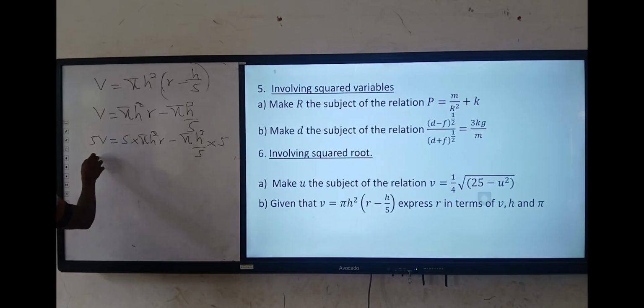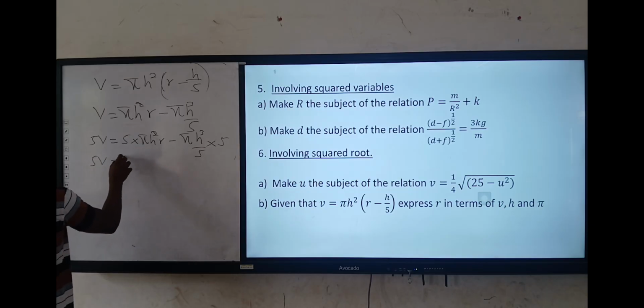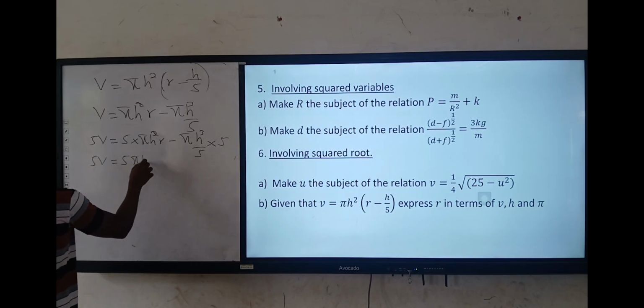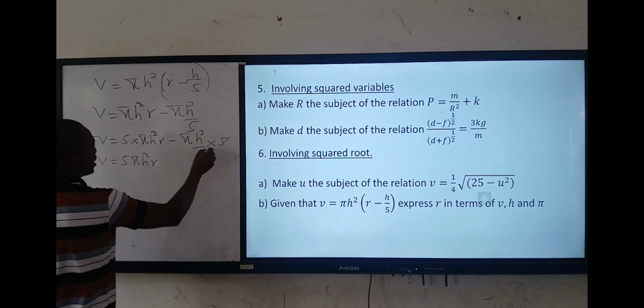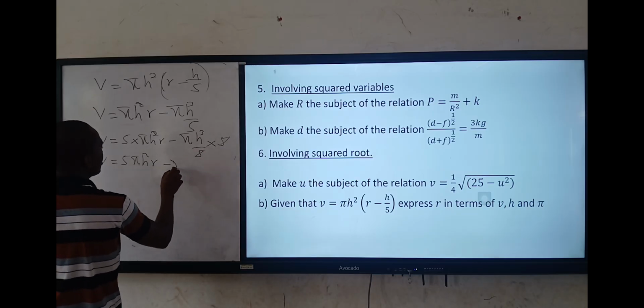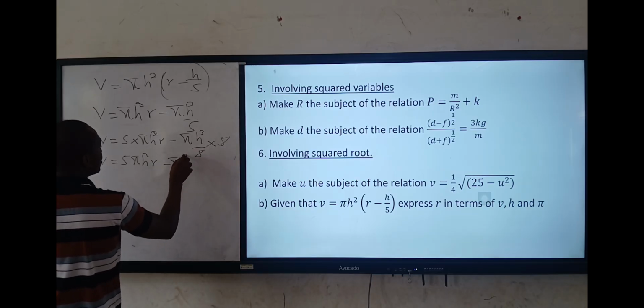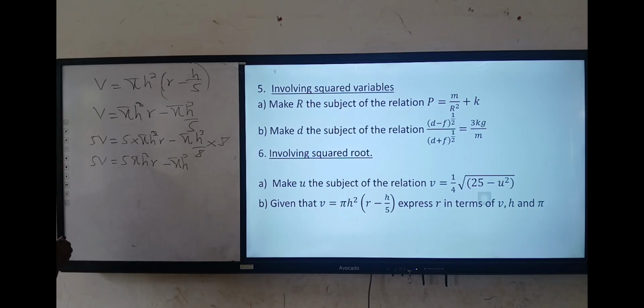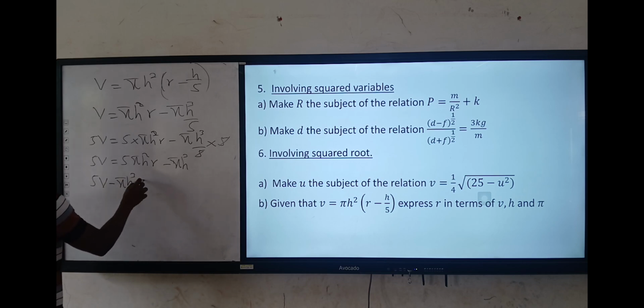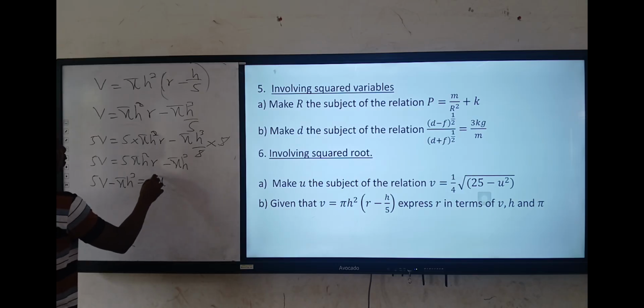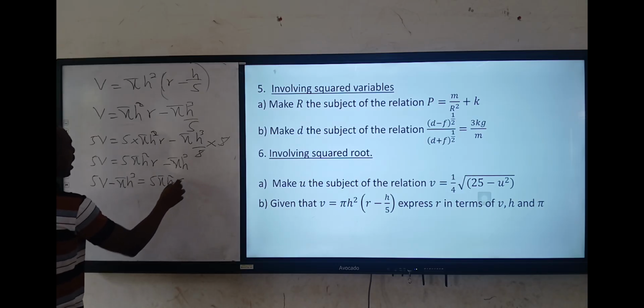So here you get 5V to be equal to 5 pi h squared r. This will cancel that, leaving minus pi h cubed. Now, since we want the r to be the subject, we move this one to this side. So we're going to get 5V plus pi h cubed to be equal to 5 pi h squared r.